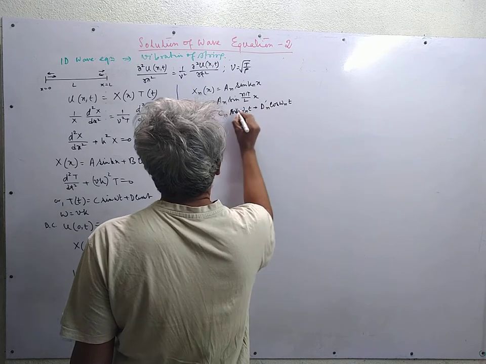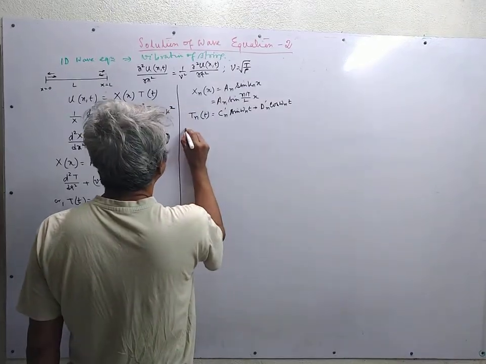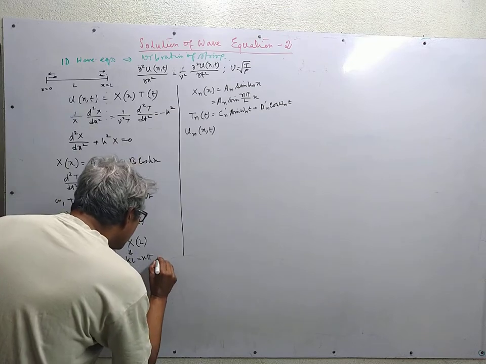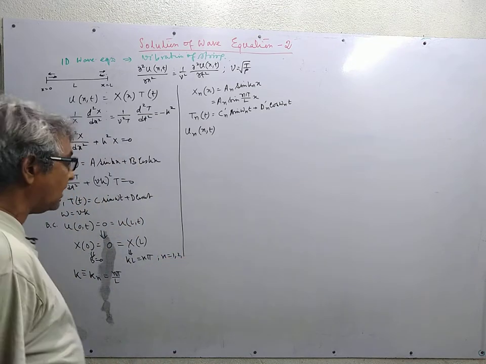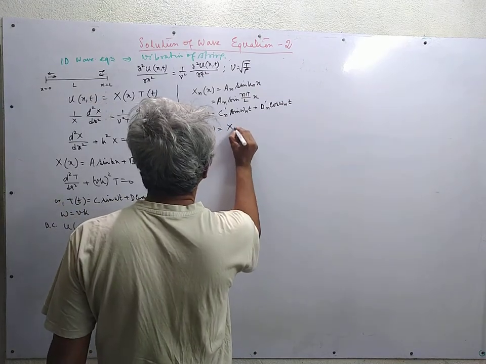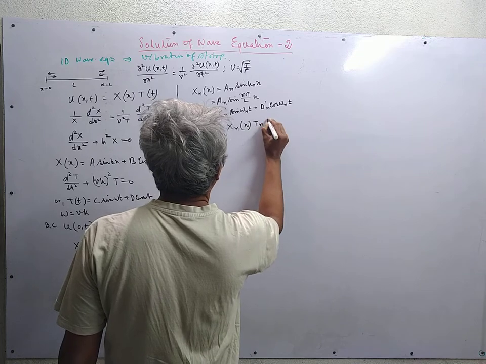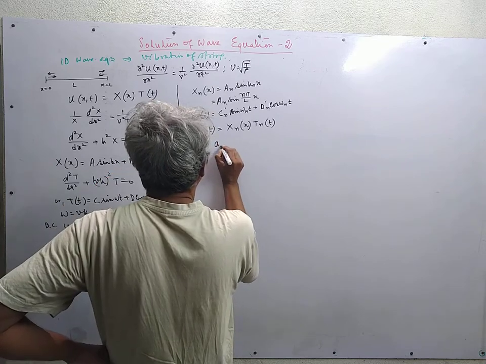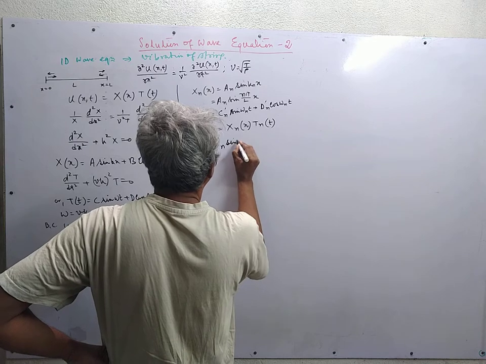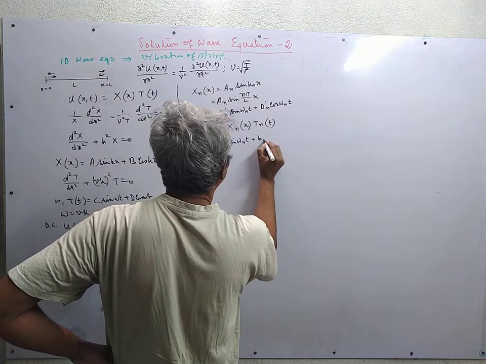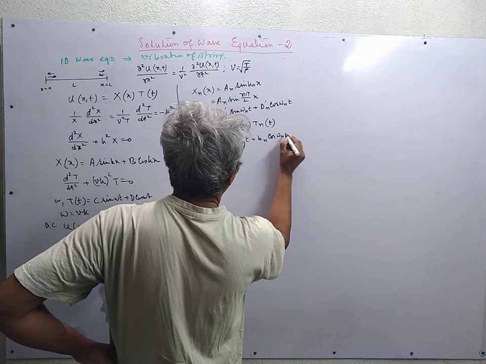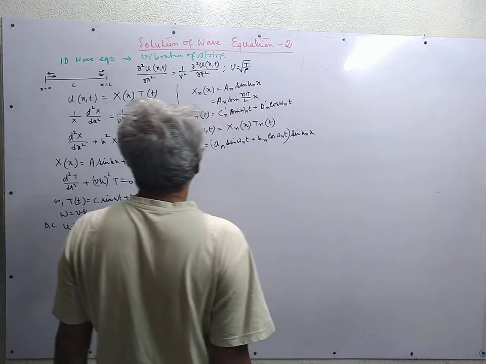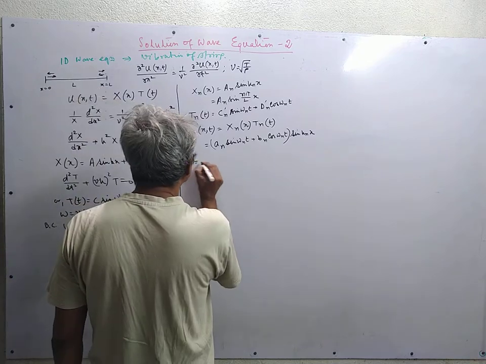We call these constants C prime and D prime, so we call u_n(x,t), where n can have values 1, 2, etc. So u_n is equal to X_n(x) times T_n(t), which can be written as A_n sine omega_n t plus B_n cos omega_n t times sine k_n x.